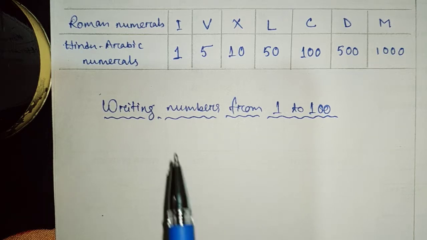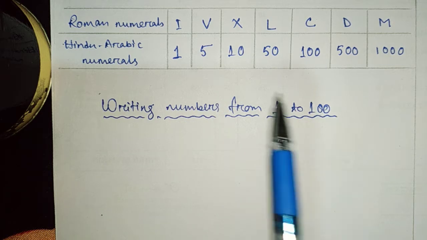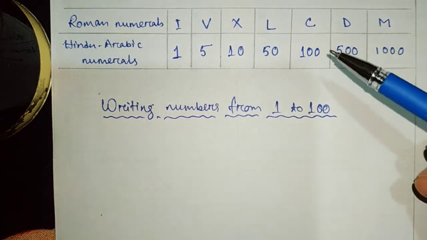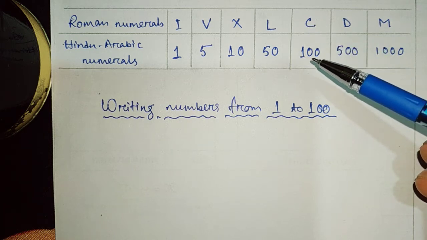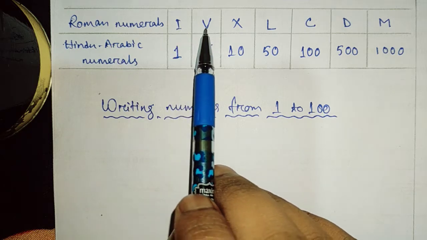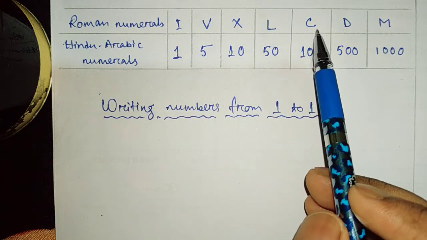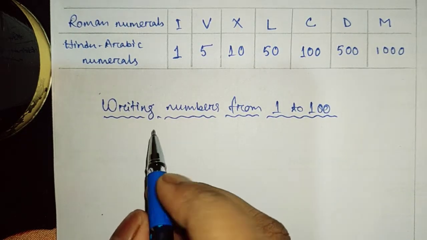So we will discuss how to write numbers from 1 to 100 in Roman. Since the value of C is 100 here, we will use the Roman numerals I, V, X, L and C. We will use these numerals to write numbers.